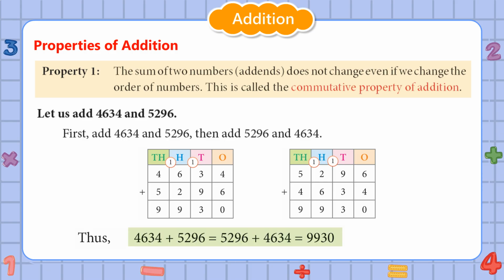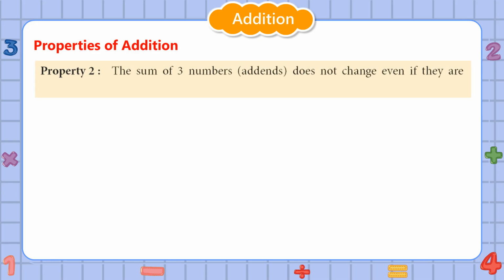Thus, 4,634 plus 5,296 is equal to 5,296 plus 4,634. It is equal to 9,930. Property 2. The sum of three numbers, addends, does not change even if they are grouped differently.